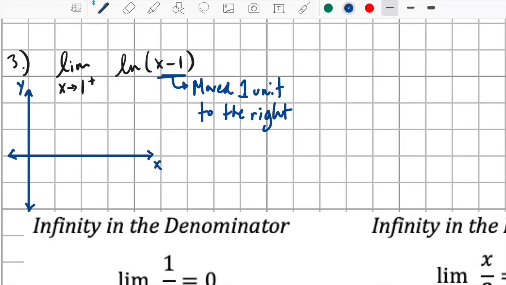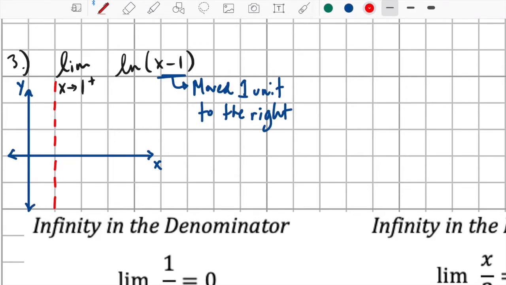So if you translate horizontally a function that has an asymptote, the asymptote also moves. So therefore, it's moved 1 unit to the right. And the whole graph itself was moved 1 unit to the right.